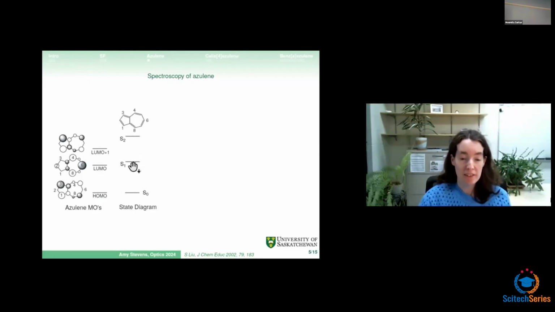The gap between S0 and S1 is really small compared to most molecules that you'd see. For instance, naphthalene is completely different. This is due to the HOMO, LUMO, and LUMO plus 1 molecular orbitals. If you look at the electron density for your HOMO and your LUMO, the electron density is in completely different locations on your azulene ring, and that leads to low electron repulsion and therefore a very low S0 to S1 gap.